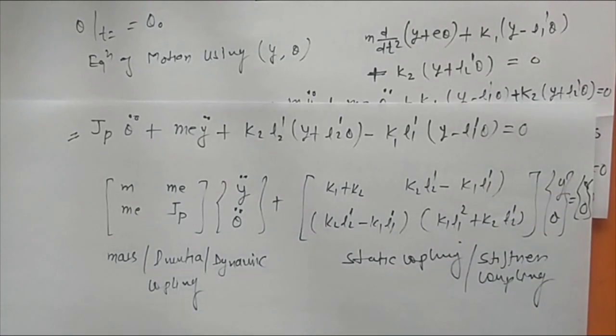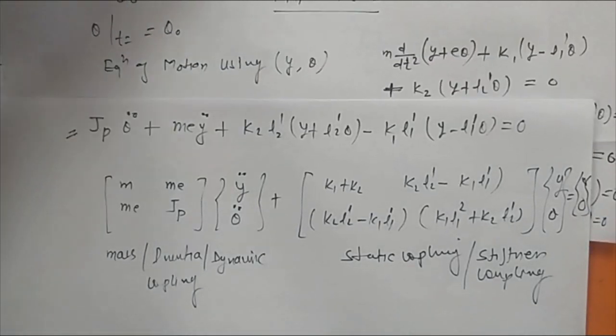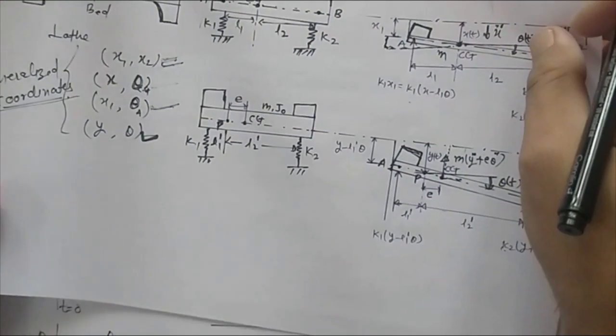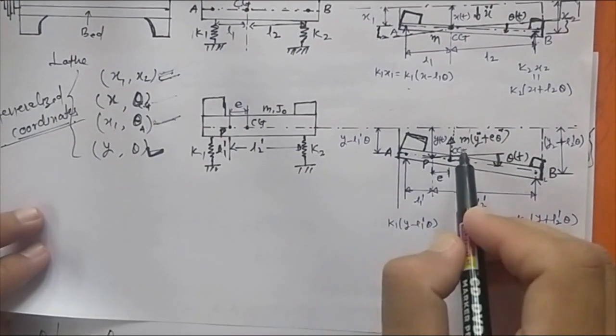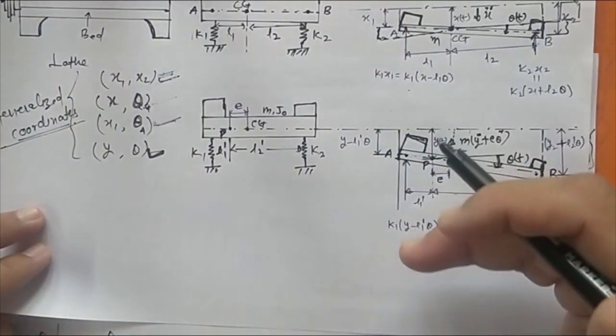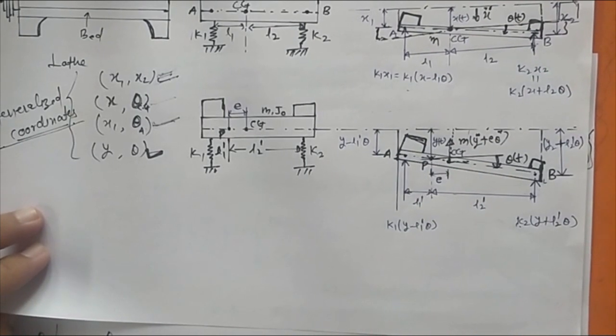So in this case, if the lathe machine moves up and down in the y direction, the inertia force m y double dot, which acts through the center of gravity of the body, induces a motion in the direction of theta. See, if in this case this machine is moving in this direction, you are going to give only a y initial displacement.